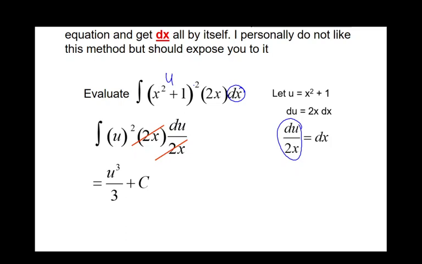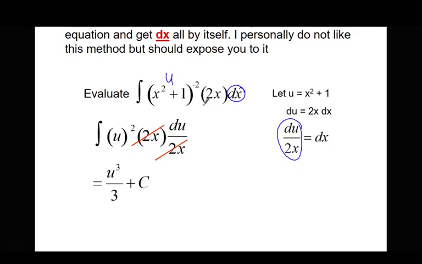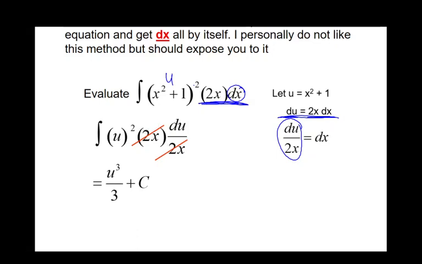I find it much easier and much more sensible to replace this with this and just have u's in my integration equation and not have to deal with dividing out these 2x. But again, I'm showing you basically what your options are, and that's another one.